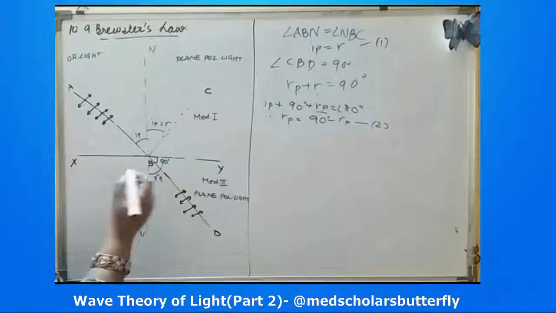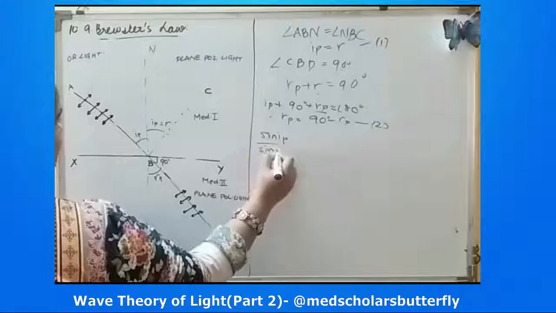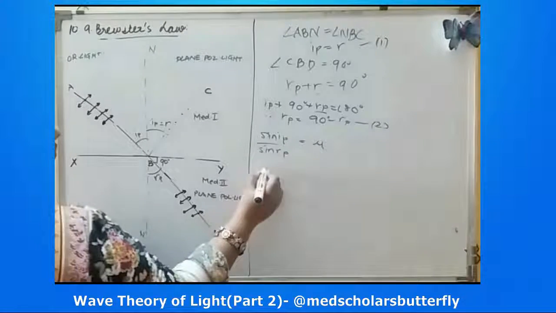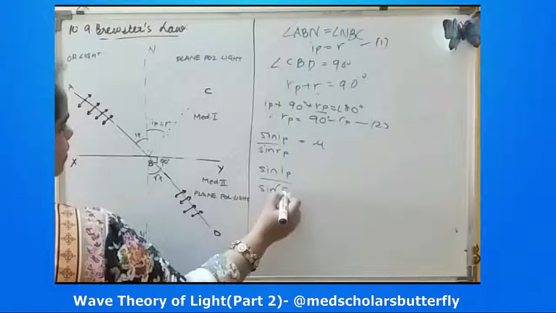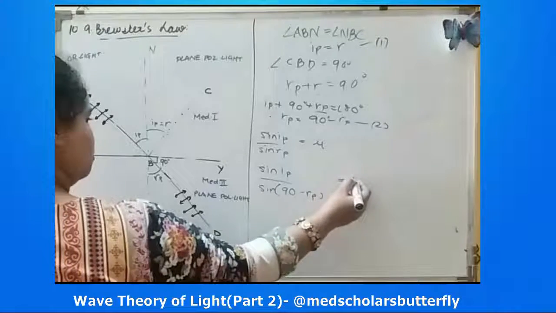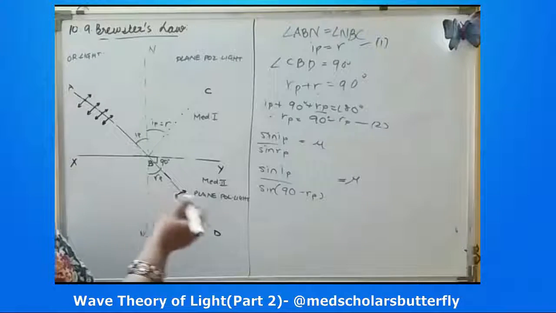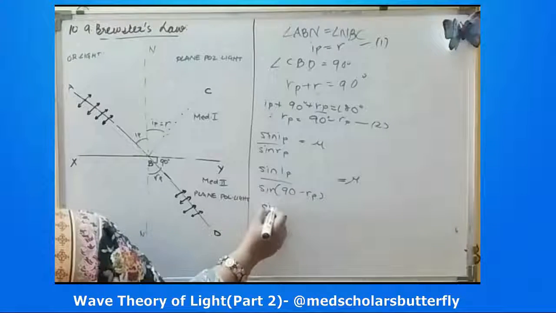From Snell's law, we know that sin IP upon sin RP is nothing but mu. But here what is RP? 90 minus IP, which is mu, from equation 2. Then what is sin of 90 minus theta? It is cos theta. So this is sin.